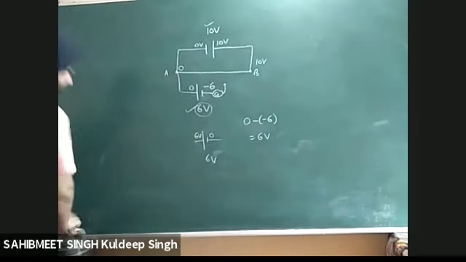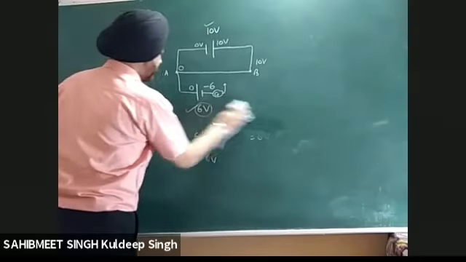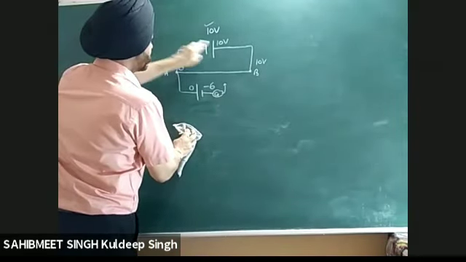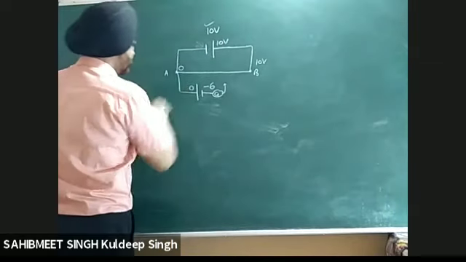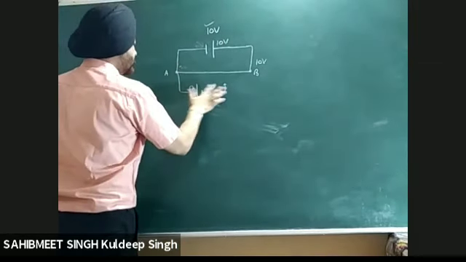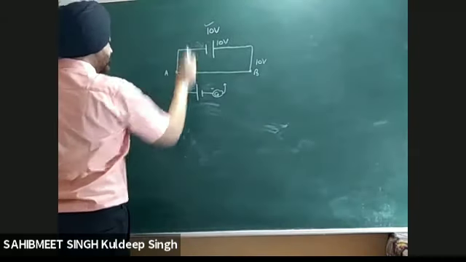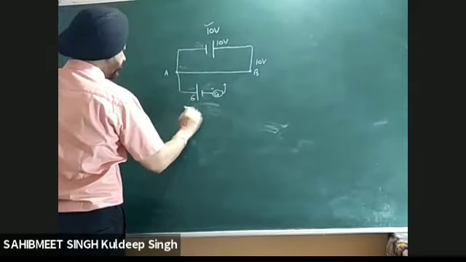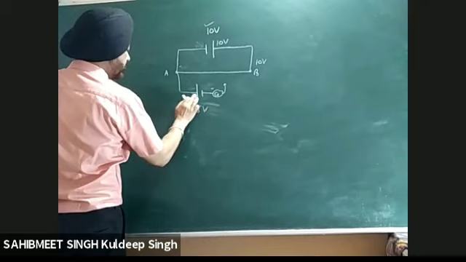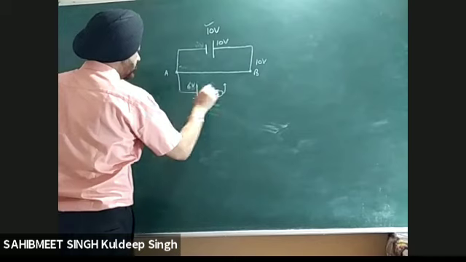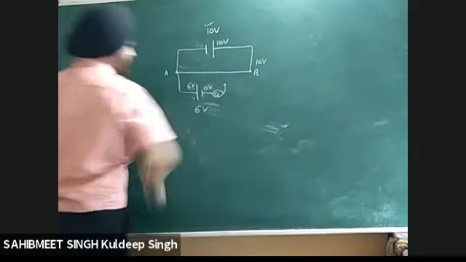Now, another way: some of you may be thinking, why have I given importance to this cell and not to this one? Let us do it the other way. Let us say this terminal is at 6 volt and this is at 0 volt.